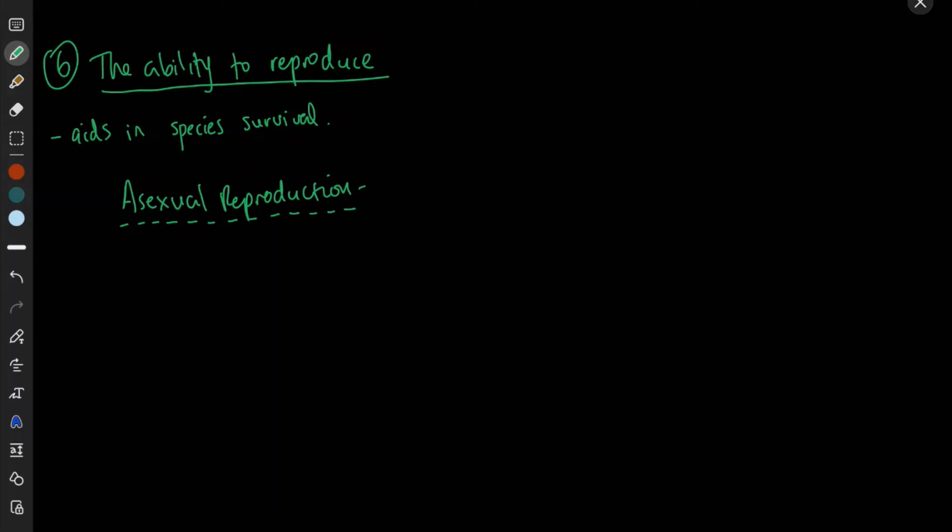So asexual reproduction is reproduction that occurs without the union of individuals, right? This means that because there's no union of individuals, there's only going to be a single parent.